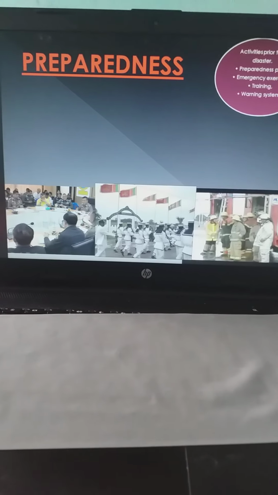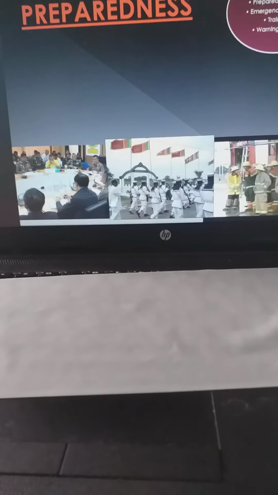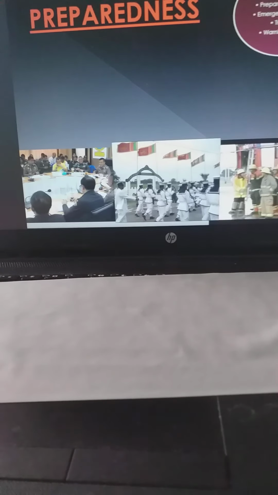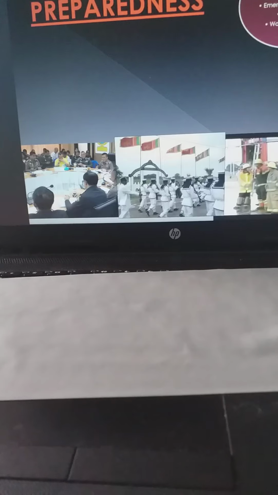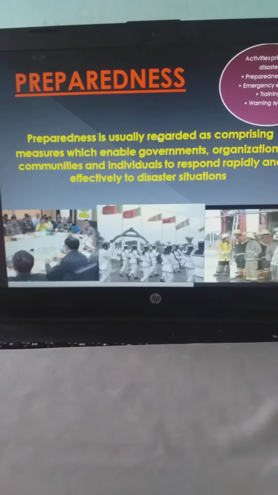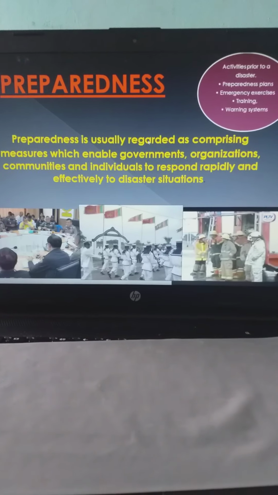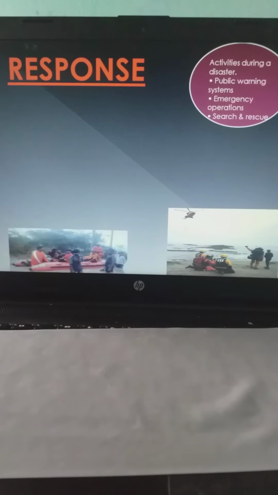NGOs like NCC, NSS are all part of this, and there is also a national disaster management team at the national level. Now, going to the definition, preparedness is usually regarded as comprising measures which enable governments, organizations, communities and individuals to respond rapidly and effectively to the disaster situation.